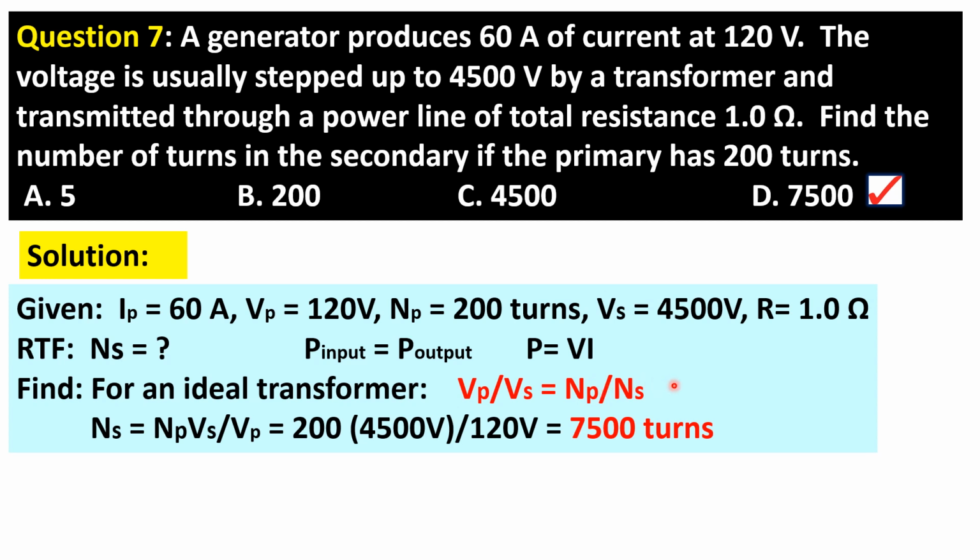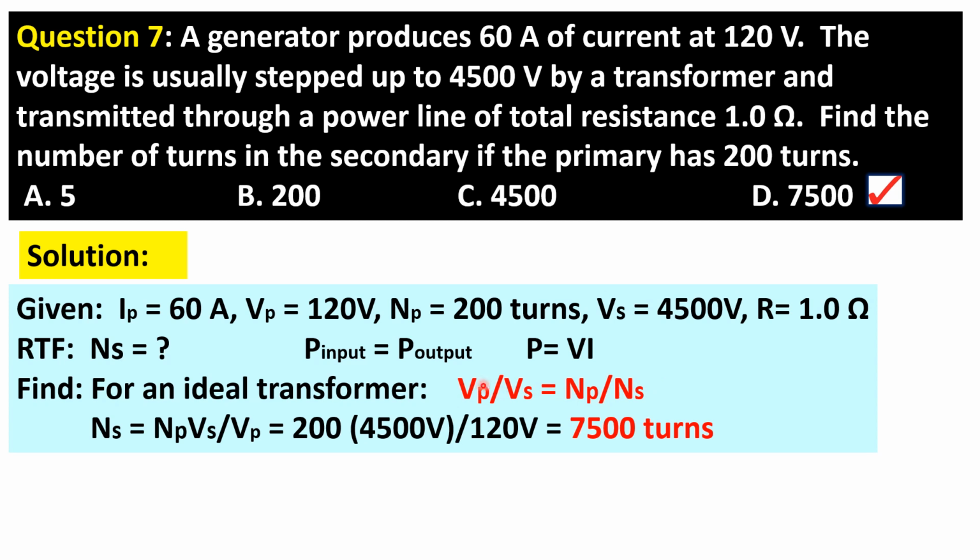In other words, the amount of voltage that is induced in a given coil depends on the number of turns, right? They are directly proportional. That's why we are able to come up with this relationship: Vp over Vs is equal to Np over Ns.